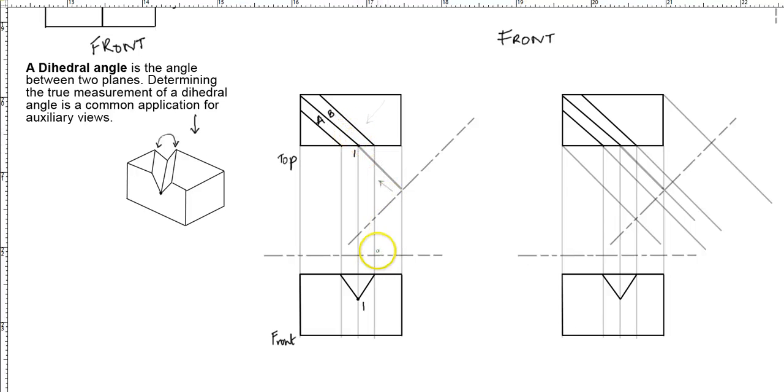The second step, what I do is I draw my folding lines, which is that one. Then I draw my other line, which is that one.